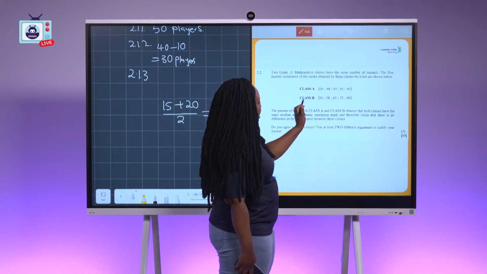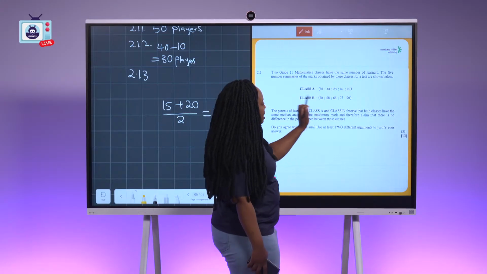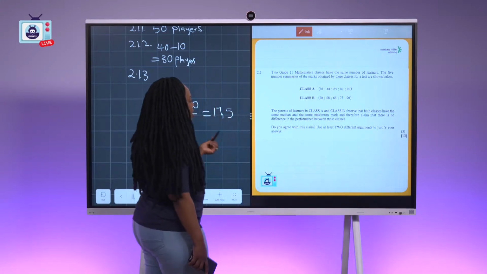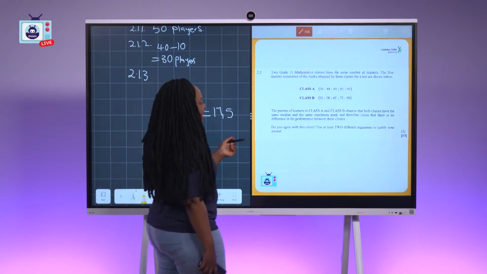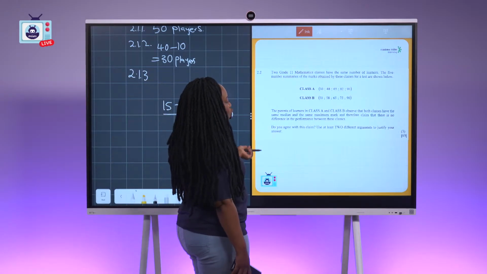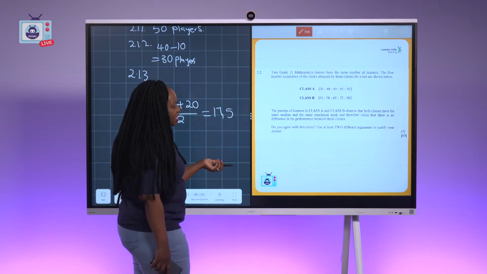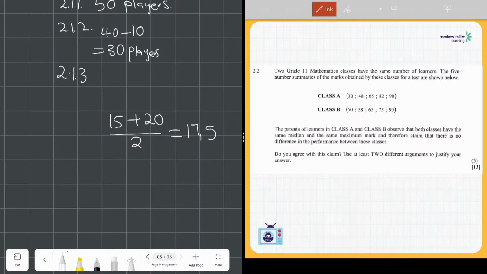Class A and class B have their 5 number summaries written down, but then the parents of the learners in class A and class B observed that both classes have the same median and also the same maximum. So our median here is both 65, and our maximum is both 90. That's what they said. So they are claiming that there's nothing different, their performance is the same.